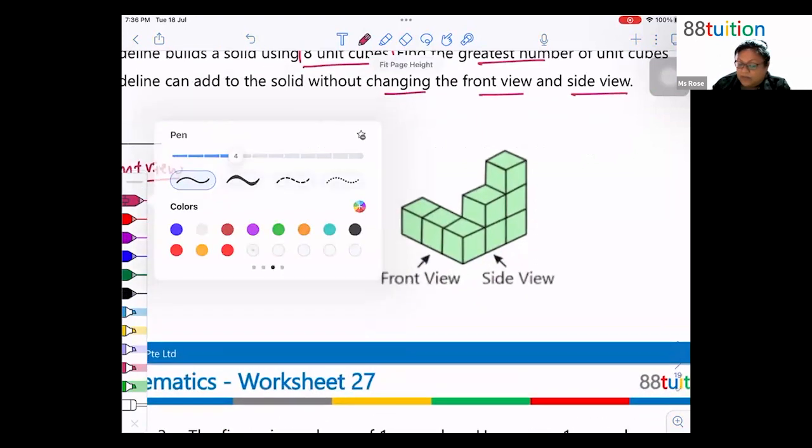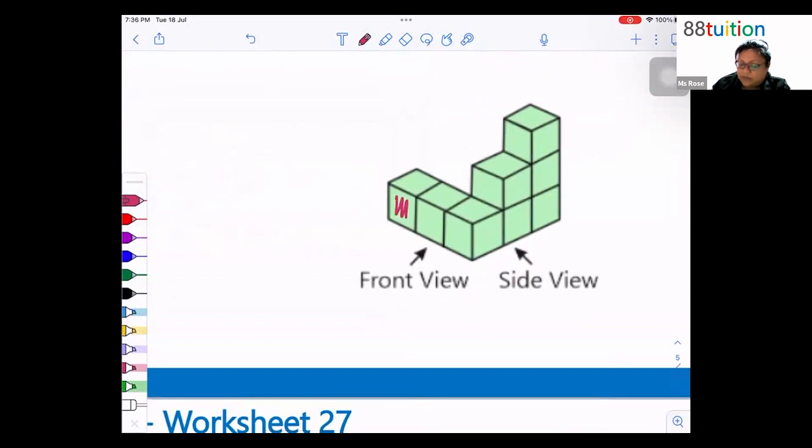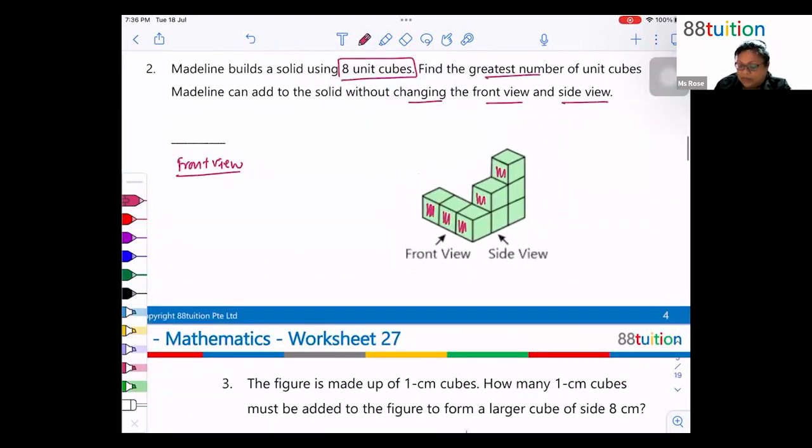Since you cannot do anything, I'm just going to shade it. So it is made out of 1, 2, 3, 4, 5. So the front view actually looks like this. 3 in front, top, top. That's how the front view looks like, right?